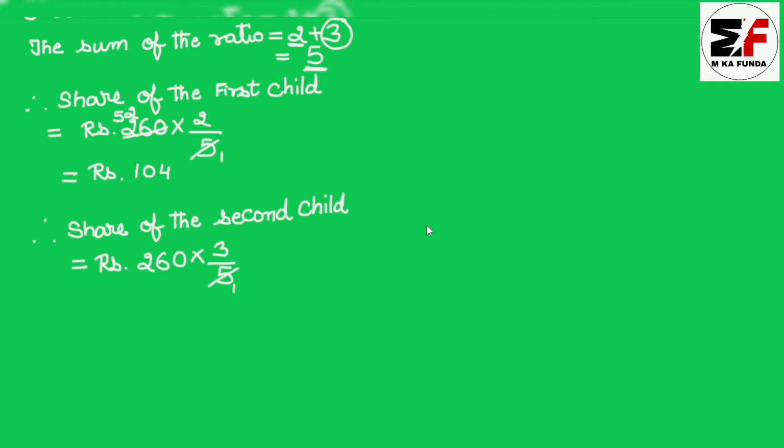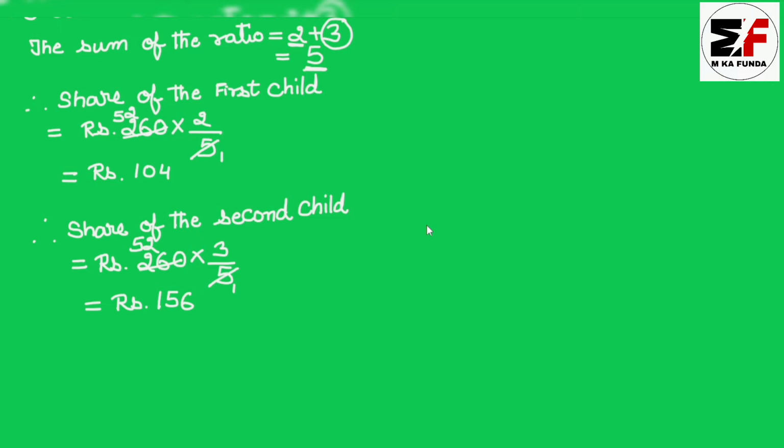So again we reduce, we will get 5 5s are 25, 5 2s are 10. So we get rupees 3 2s are 6, 3 5s are 15. We get rupees 156. So the first child will get rupees 104 and the second child will get rupees 156.